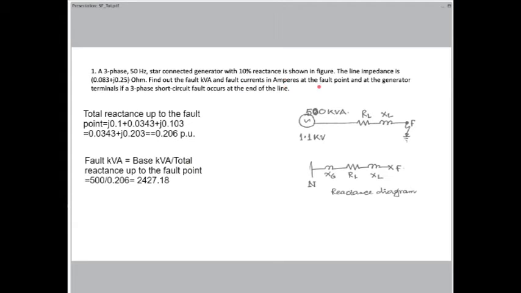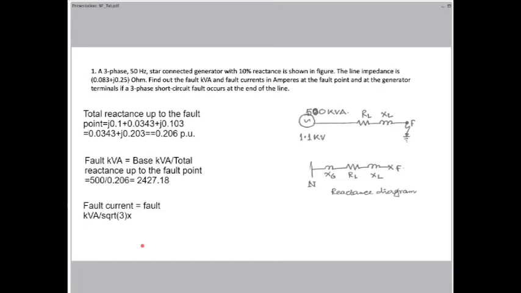Now we have the answer for the first one. Now we have to calculate the fault current in ampere at the fault point F. And at the fault point F, what will be the fault current? Now fault current is easy to calculate. We know the formula of fault current is fault kVA over 1.1 kV, which is the voltage here. We take the square root of 3 because it's a three-phase star connected system.